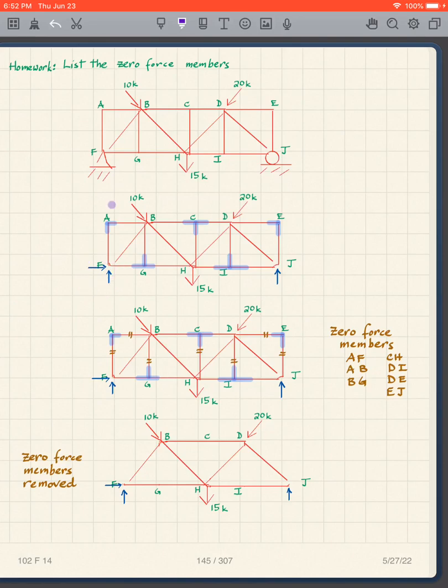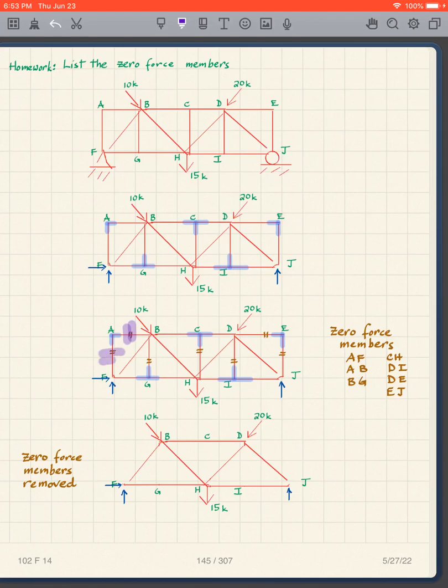Well, what do I see? I see there's an L right there. There's a T there. There's a T there. There's a T there. There's an L there. So if those are L's and T's, there's my L, and that means what? These double tick marks right here indicate zero force. So I have a zero force member here, zero force member here. Both of them are 0.